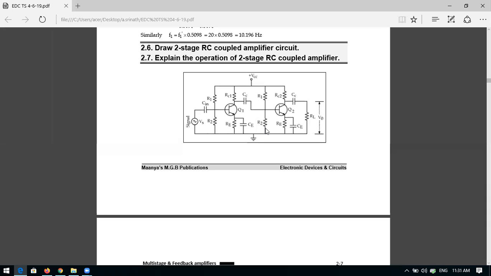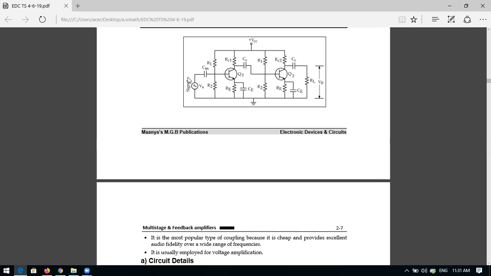That is the reason it blocks the DC as well, and CC can also be called a blocking capacitor. Like this, the signal connected at the input side will be amplified through the second stage, and through multiple stages like this. At the output side you will get the output voltage, which is an amplified version of the input signal.